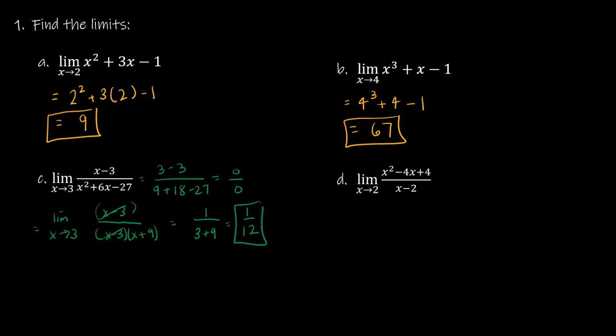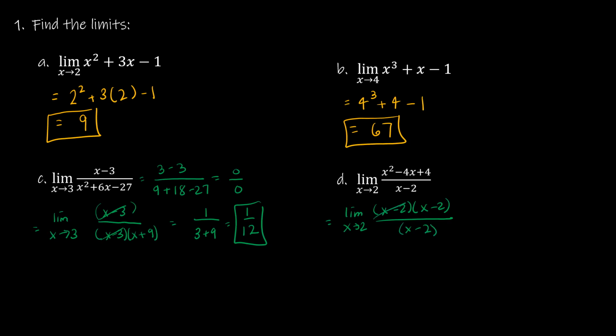And then for the fourth function, same thing. If I plug in 2, I'm going to obviously get a 0 in my denominator. So I'm just going to go straight to factoring. This is x minus 2, x minus 2. And don't forget to write the limit as x approaches 2, and then x minus 2.